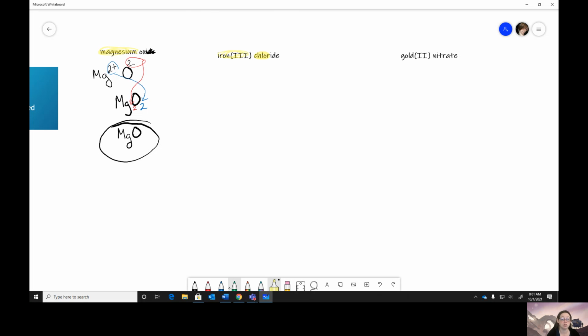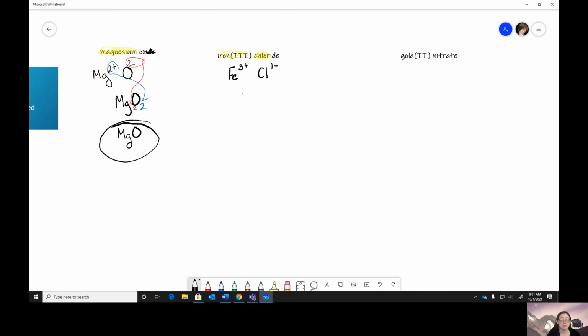Of those, the only one that starts with chlor is chlorine. So I know what my anion is going to be. Iron's symbol is Fe. The parentheses tell me the charge is 3 positive. Chlorine is Cl. And chlorine has a 1 negative charge because it is a group 17 atom.